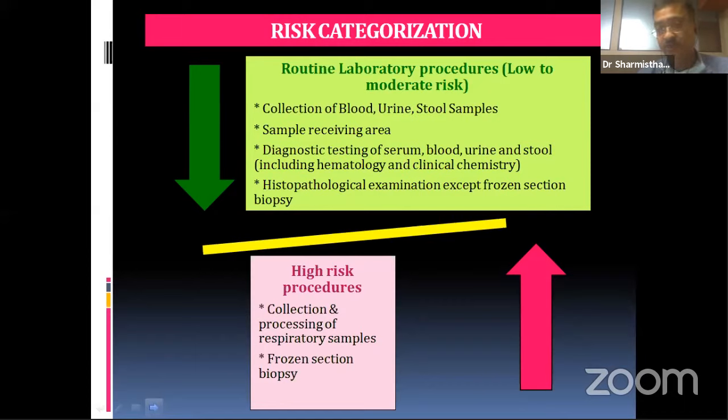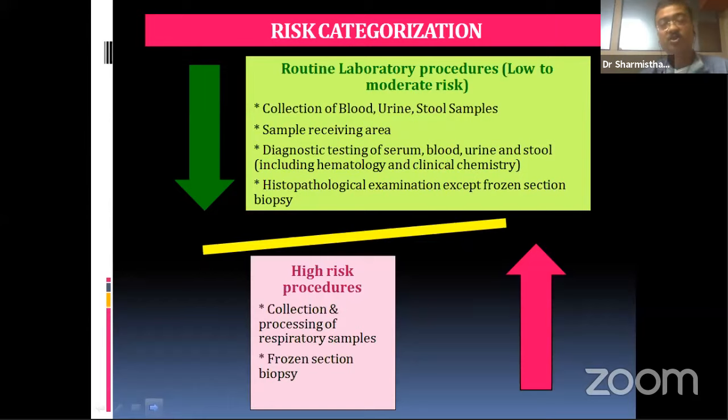High risk procedures are collection and processing of respiratory samples and frozen section biopsy. Why am I giving frozen section biopsy so much importance? Because it generates aerosol during the process, which is very dangerous.